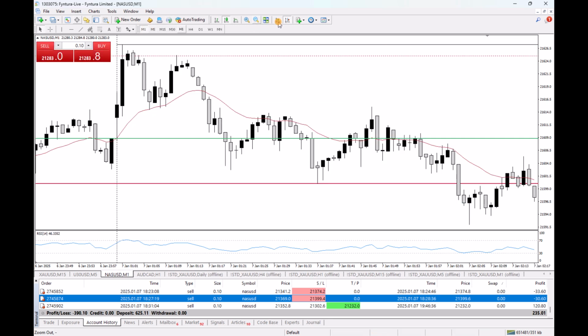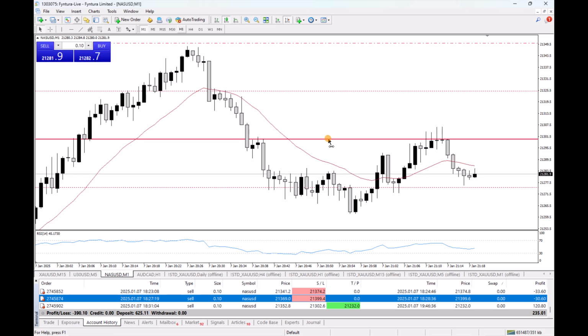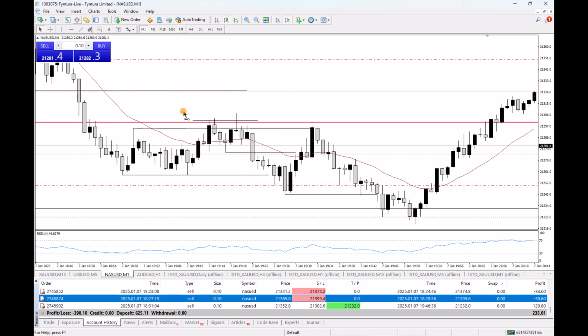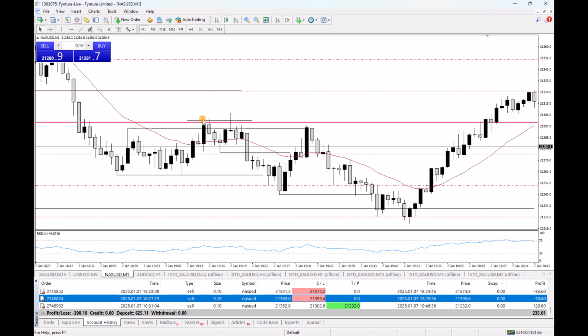I'm gonna draw a horizontal line at the top, and I'm gonna wait for an M. If an M prints off of that, that's gonna be my signal to stay in. So this was actually the top of the 15-minute pullback. I drew this because I was using this as a head and shoulders, because this was a peak formation here. It was like the top of the box, of the consolidation box.